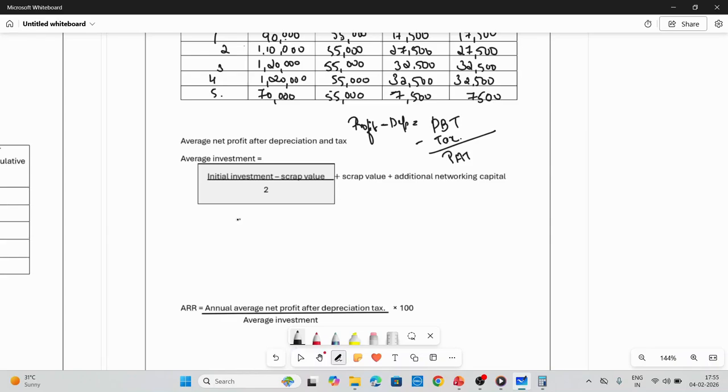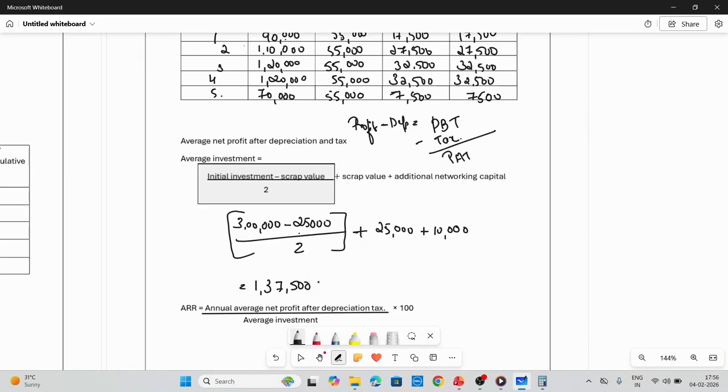So initial investment is 3 lakh minus 25,000, whole divided by 2, plus 25,000 scrap value plus additional net working capital is 10,000. 3 lakh minus 25,000 divided by 2 is 1,37,500 plus 25,000 plus 10,000 equals 1,72,500.